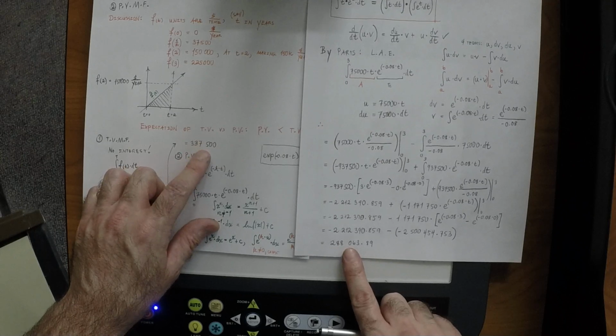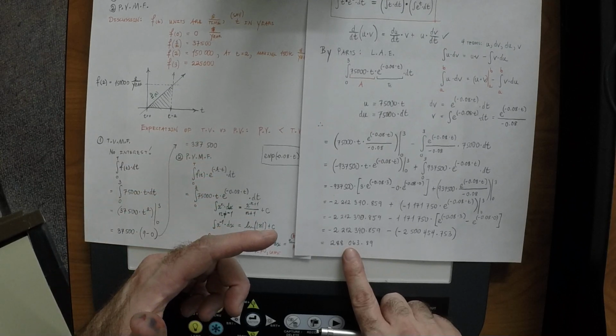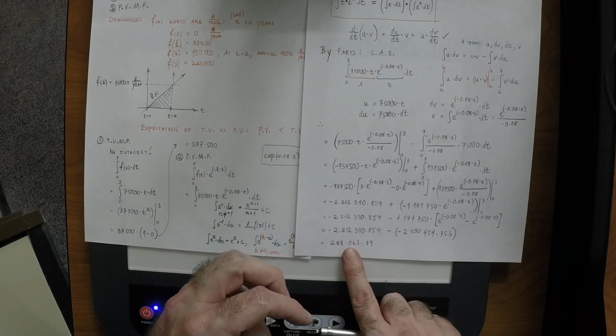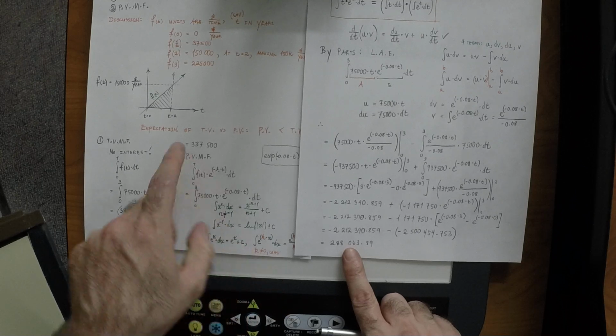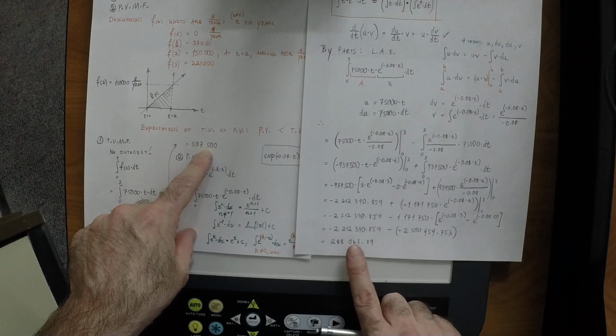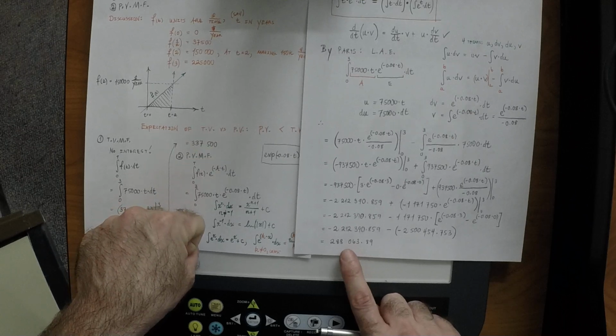Do those numbers make sense? If no, then why no? The present value has to be less than the total. It is. The present value is 288,000.